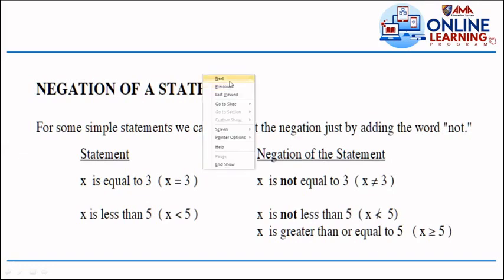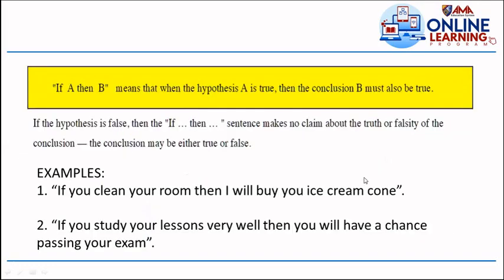Okay? So, next statement, we have your if then statement. If statement A, then statement B. Sabi dito, means that when the hypothesis A is true, then the conclusion B must also be true. So yun po yung paggamit ng if and then statement.